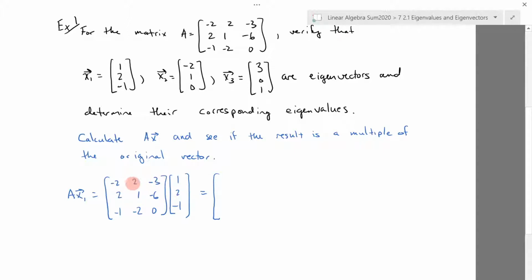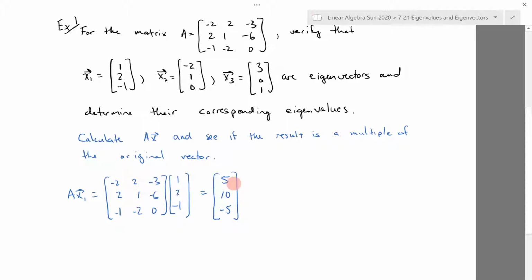Negative 2 plus 4 is 2, and then plus 3 is 5. 2 plus 2 plus 6 is 10. Negative 1 minus 4 is negative 5 plus 0, so you get negative 5.